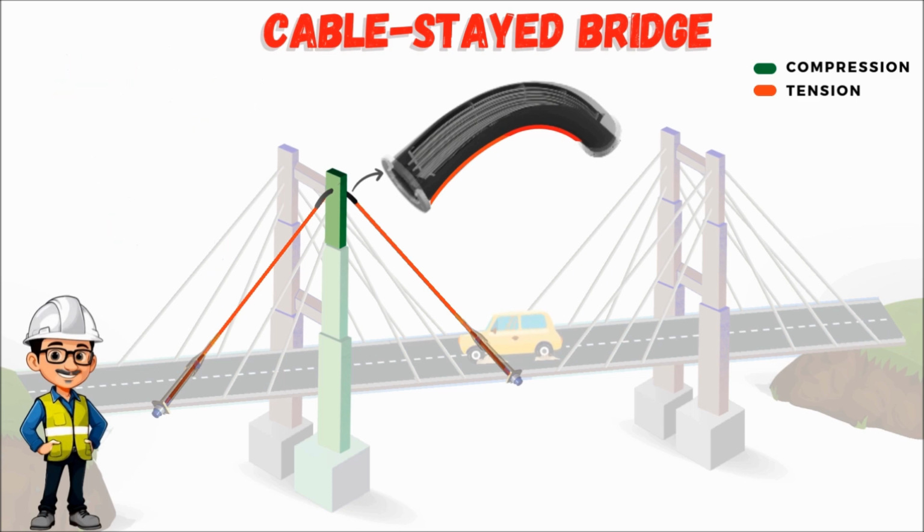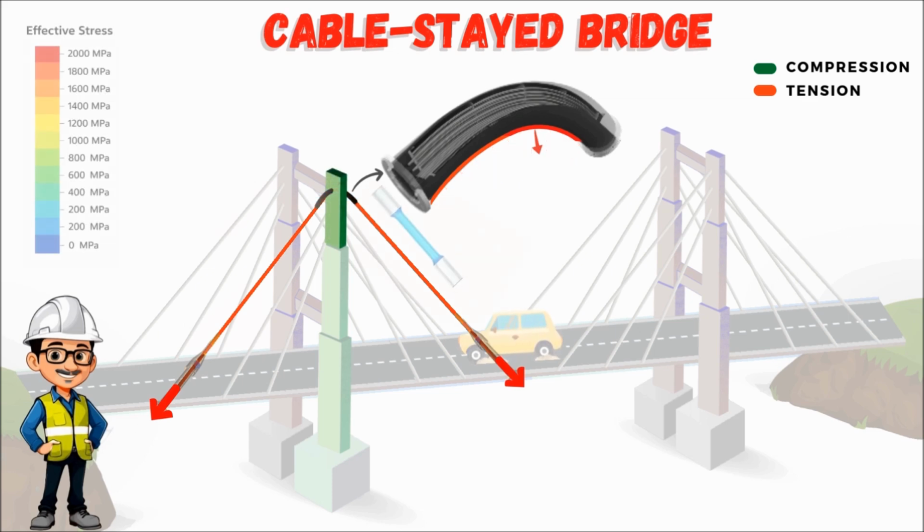The cables carry huge forces, and this curvature is crucial for distributing the loads evenly and smoothly into the tower, instead of concentrating them at one point, preventing excessive stress on the cable or the tower.